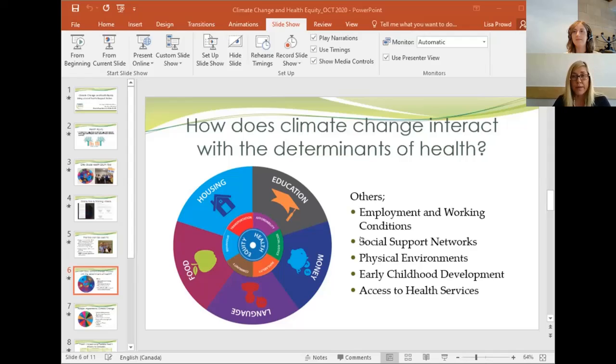If we look at employment as another example, not only does employment contribute to our income, but depending on the job and the type of work, one's physical, mental, and social health may be impacted when working in unsafe or stressful working conditions. So newcomers or immigrants may have difficulty finding suitable employment and therefore are more likely to accept work that includes strenuous physical labor or outdoor work. This type of work we know can increase the risk of adverse health effects from either high temperatures or perhaps air pollution.